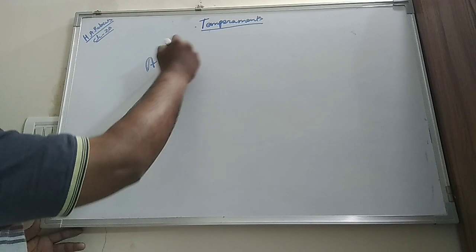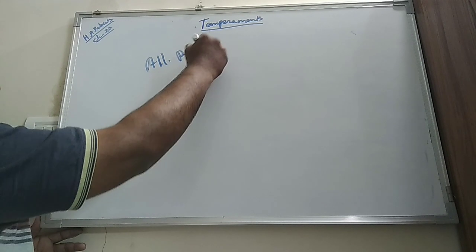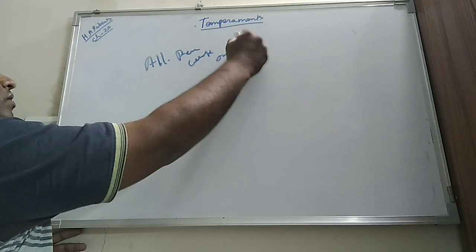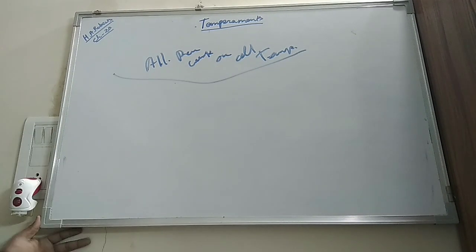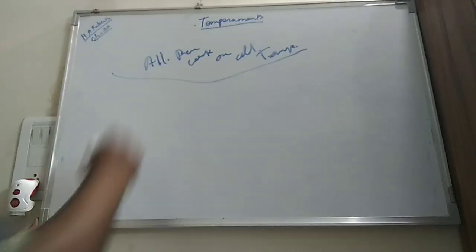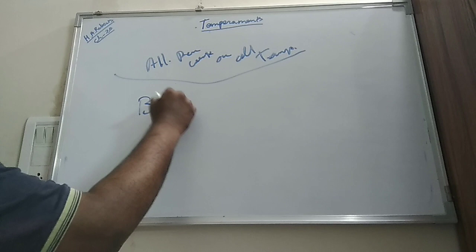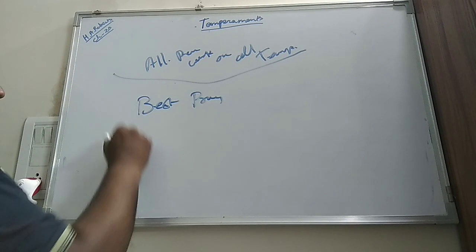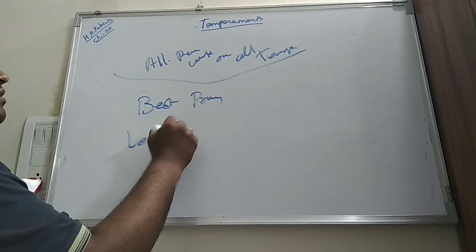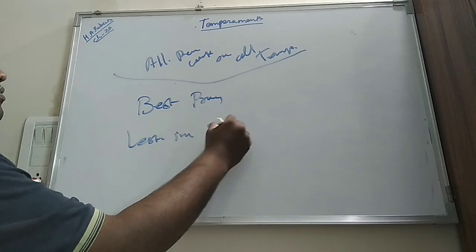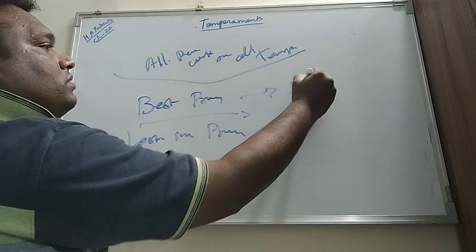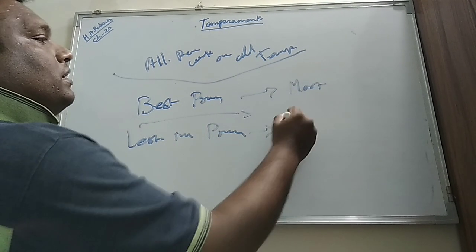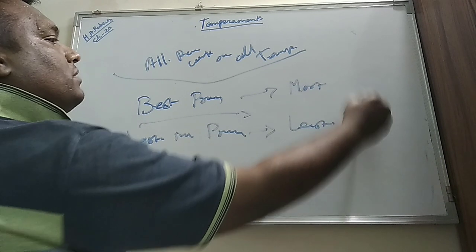So, all remedies work on all temperaments. Base, poor, least important, both poor. These are giving most symptoms, least symptoms.